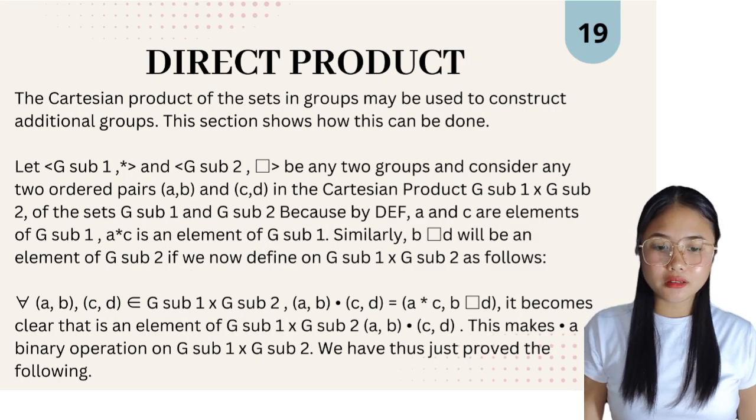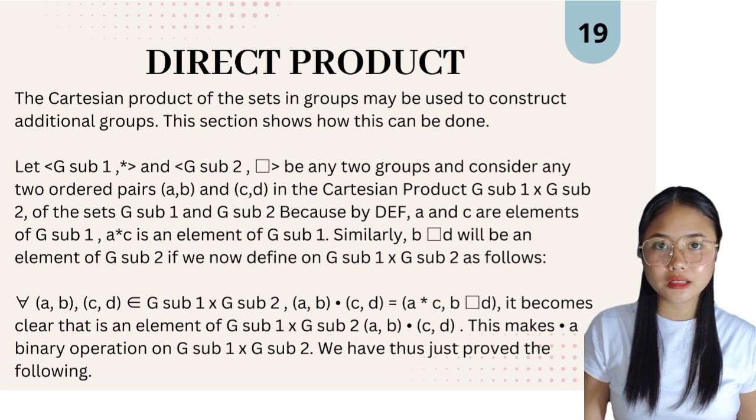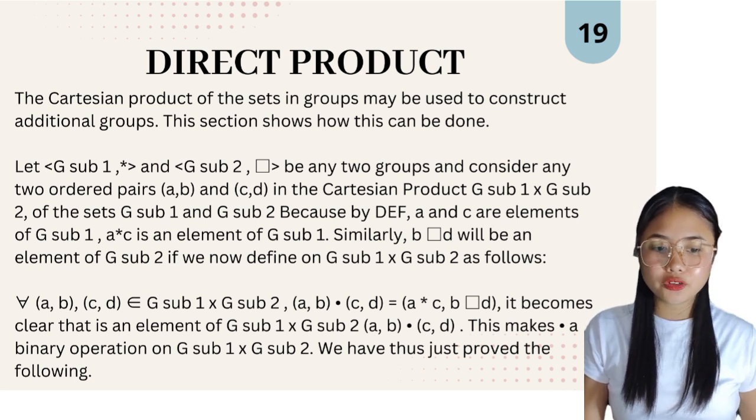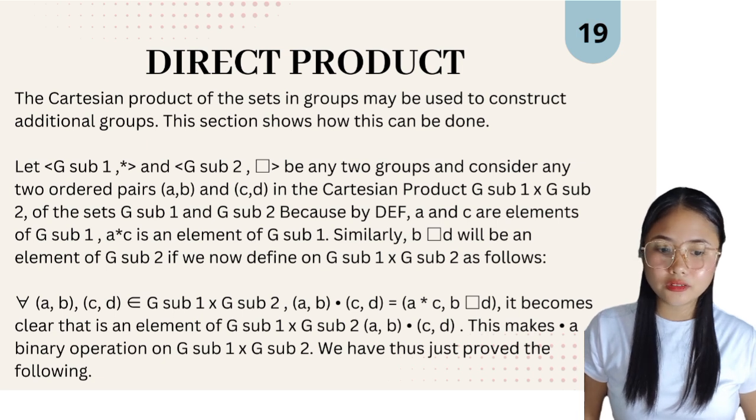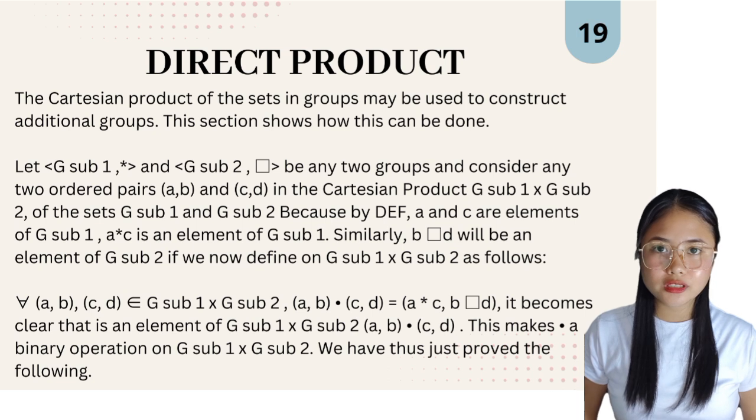So the direct product: the Cartesian product of sets may be used to construct additional groups. This section shows how this can be done. Let G sub 1 with star and G sub 2 with times be any two groups, and consider any two ordered pairs (a, b) and (c, d) in the Cartesian product G sub 1 times G sub 2.